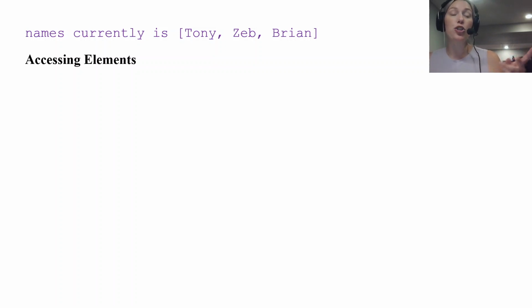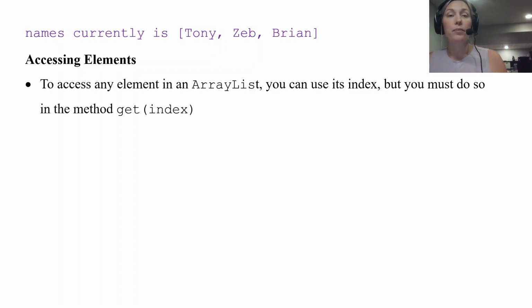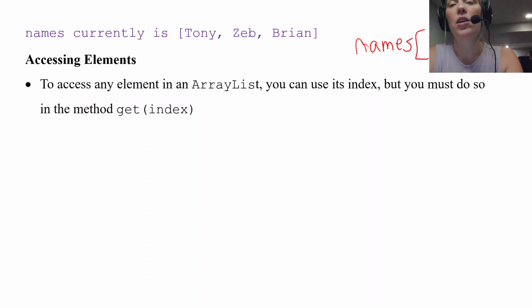Accessing elements. There's two methods that we use to access certain elements. You use the index to access any element. With an array, we would use those square brackets to access any element. But we don't do that with an array list. That is just with arrays.